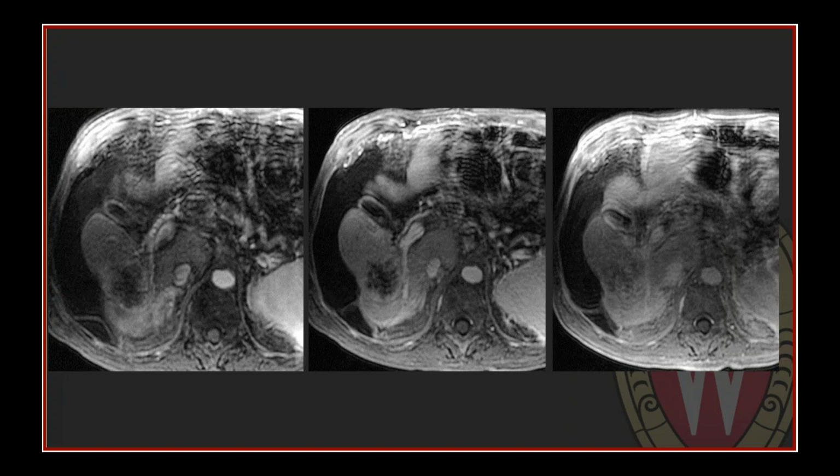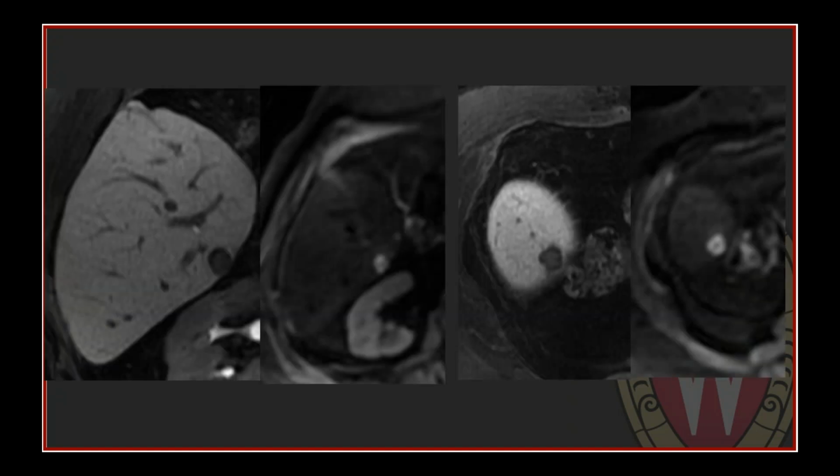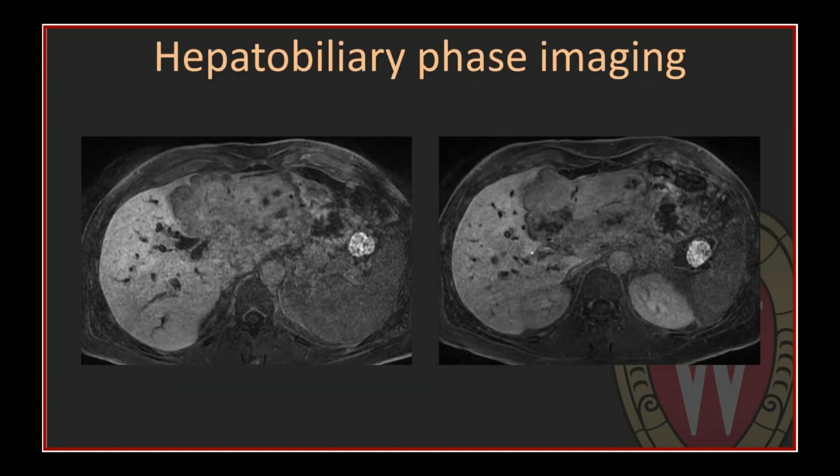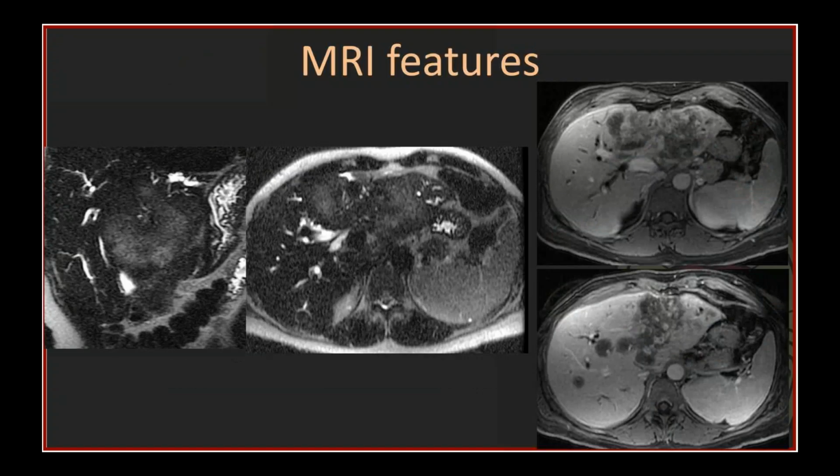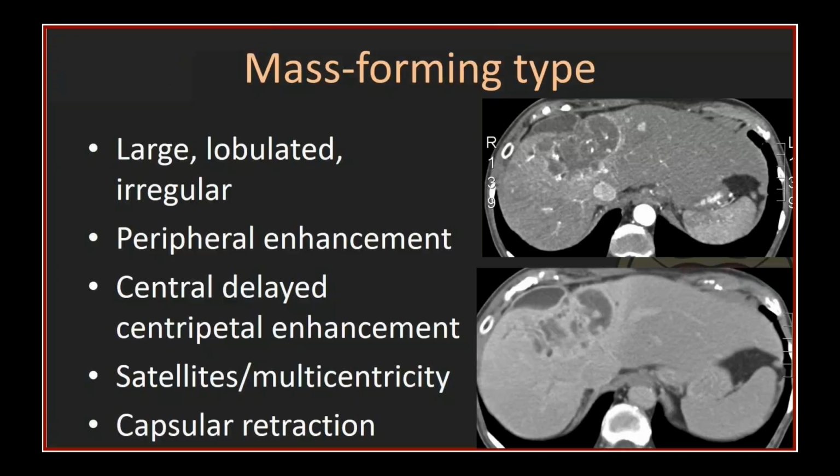I have a question regarding the large duct, small duct sort of carcinogenesis concepts. I'm wondering how much of it is specific to Asia or generalizable to Western countries as well.